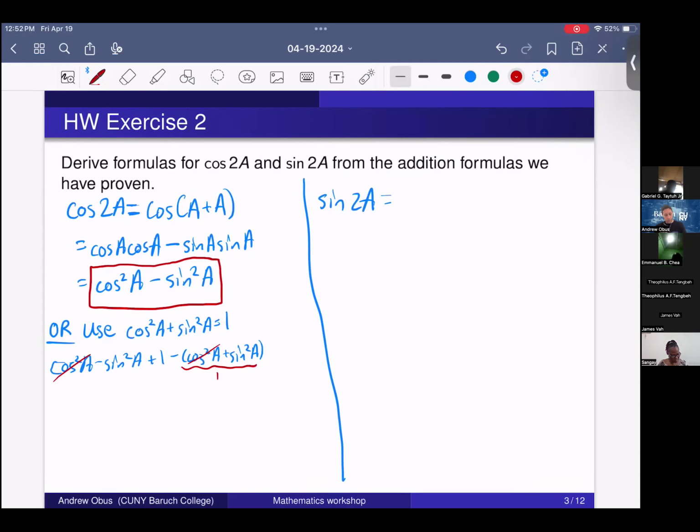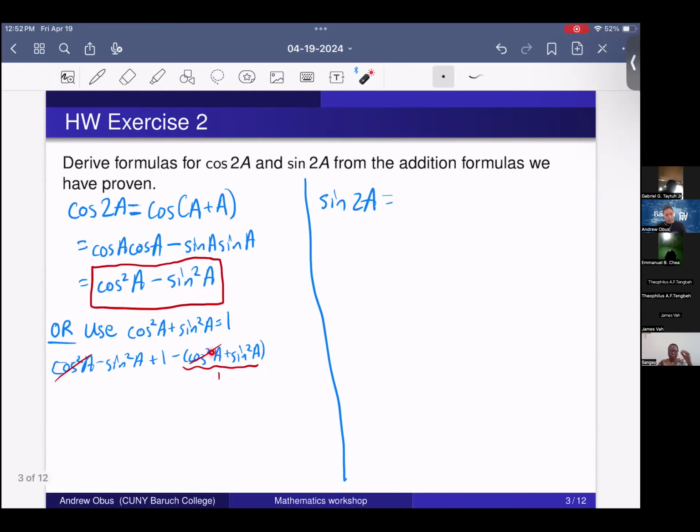The sine squareds don't cancel each other out here, the cosines do. So we're left with minus sine squared a and a 1 and another minus sine squared a. So what we end up with when we simplify this is that this is equal to 1 minus 2 sine squared a.